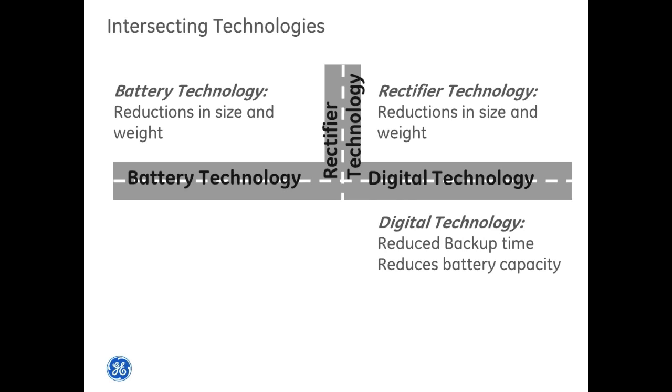And we've also got the digital technology, and this is the technology which allows for some equipment to be provided with reduced backup time, reduced battery capacity. Some equipment is still mandated by the FCC to have minimum reserve times, but in many cases, some of the newer switching equipment can in fact be provided with lower backup times.